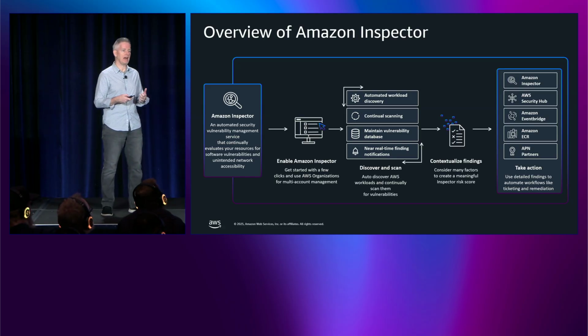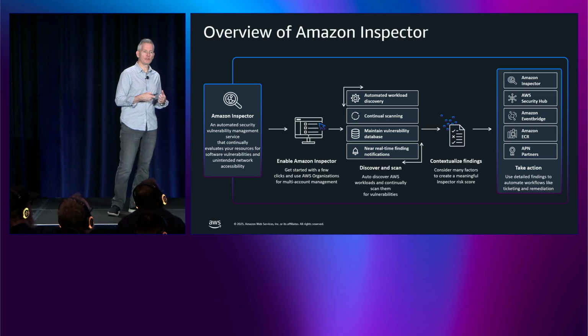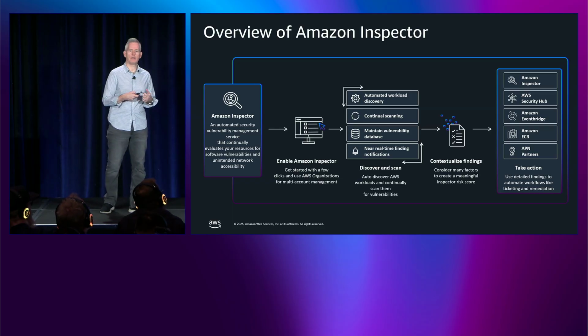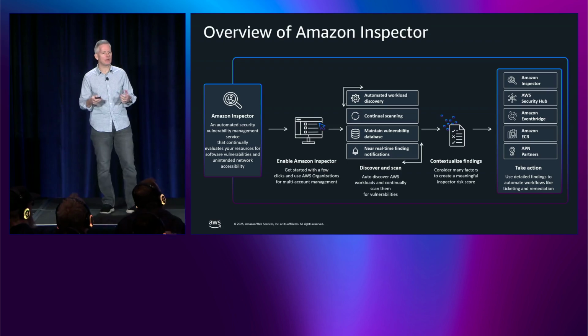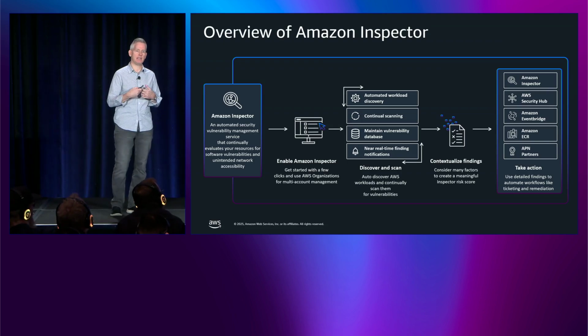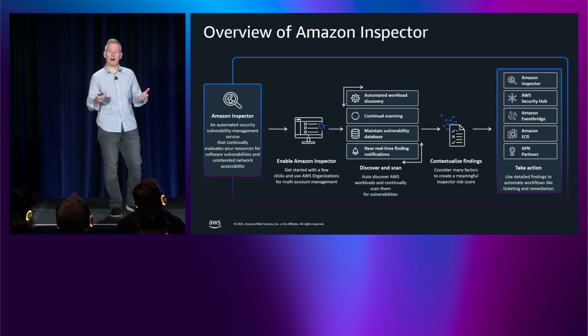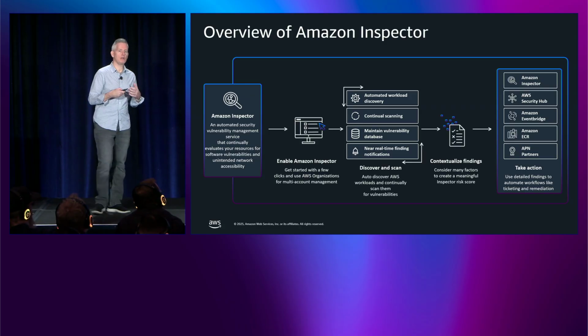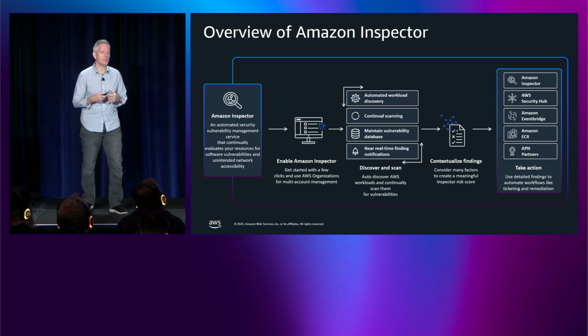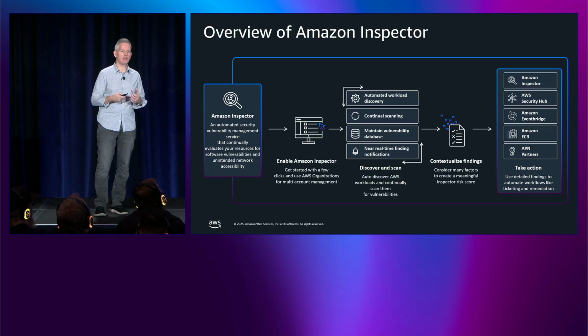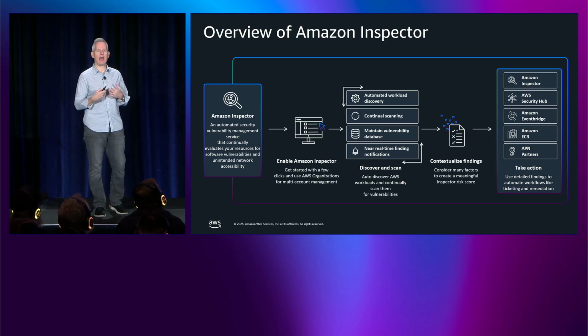Second, once you do that, Amazon Inspector will start looking at your environment. It will discover all your resources and scan those resources to get an initial set of findings so that you know where you are in terms of your exposures. And then it'll start monitoring. So as changes take place, Amazon Inspector follows suit.